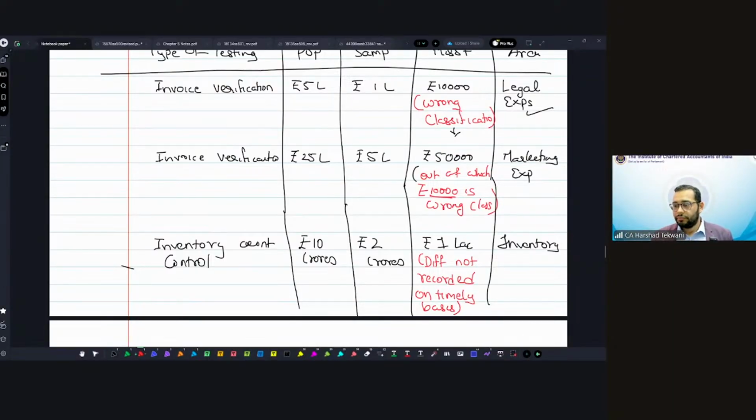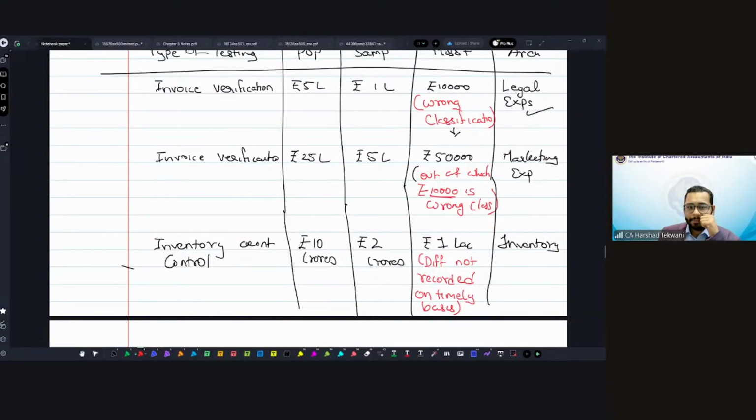So this will require further investigation, because it relates to legal charges, which may impact a pending court case, or the auditor would require to obtain evidence regarding the legal expense because this was wrongly classified.